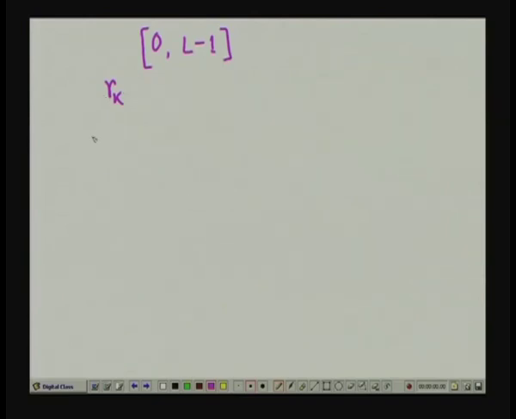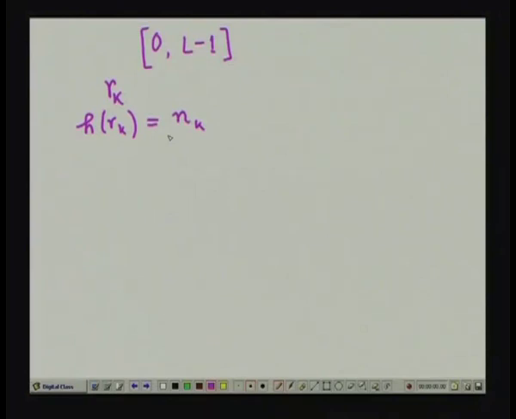Now, a histogram is represented by h(r k), which is equal to n k, where n k is the number of pixels in the image having intensity level r k.